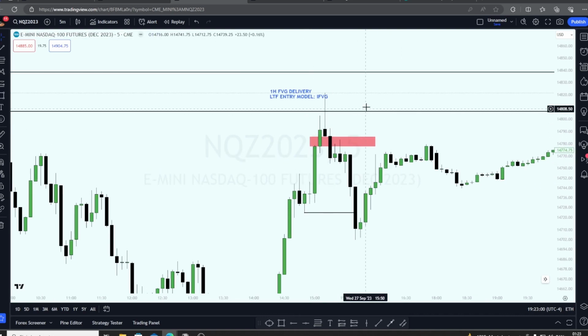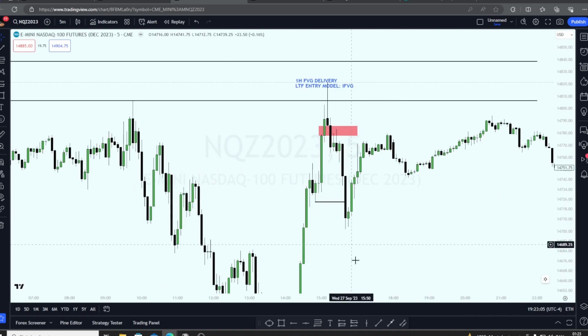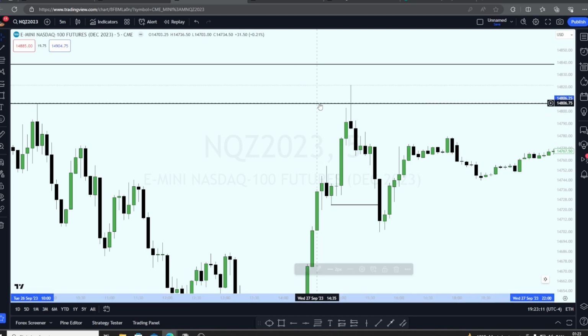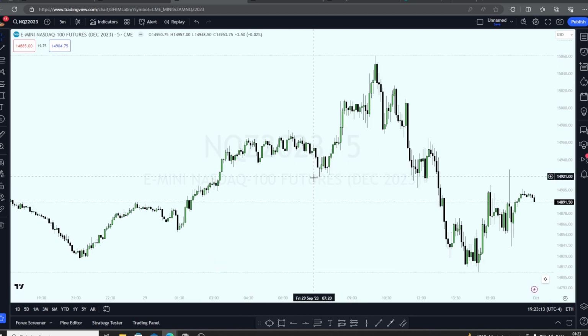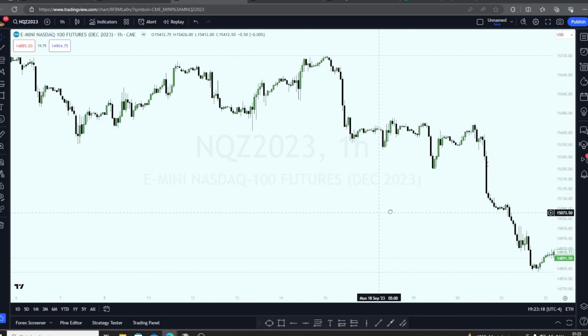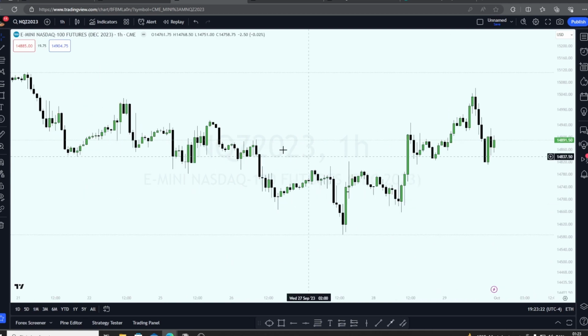But because I was so confident that we were going to go lower after this, or at least get a pullback after hitting this 1 hour fair value gap, that's why I just entered off of it. But I want you to know that the most important thing in all the trades that I took this week is where we are delivering from, right? That's the most important thing of all.